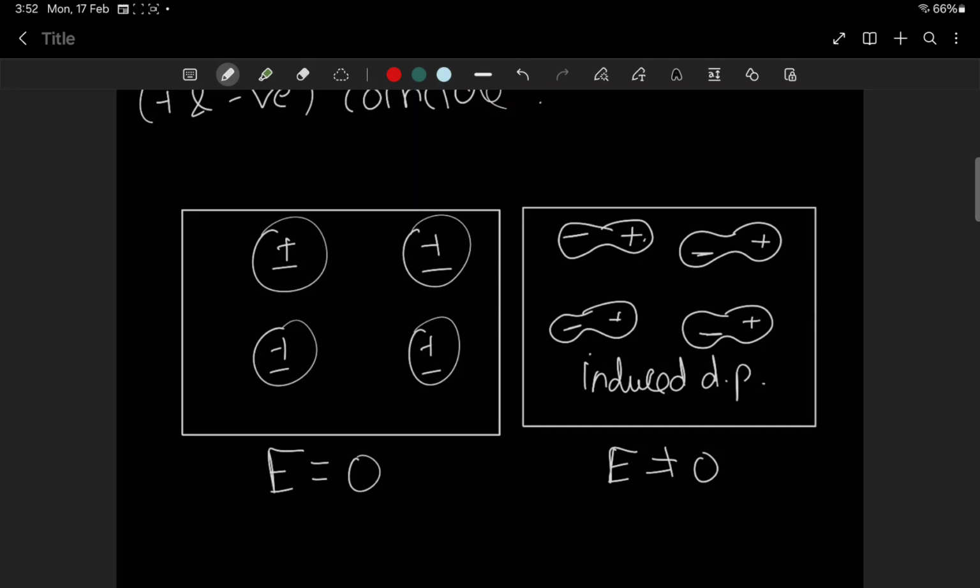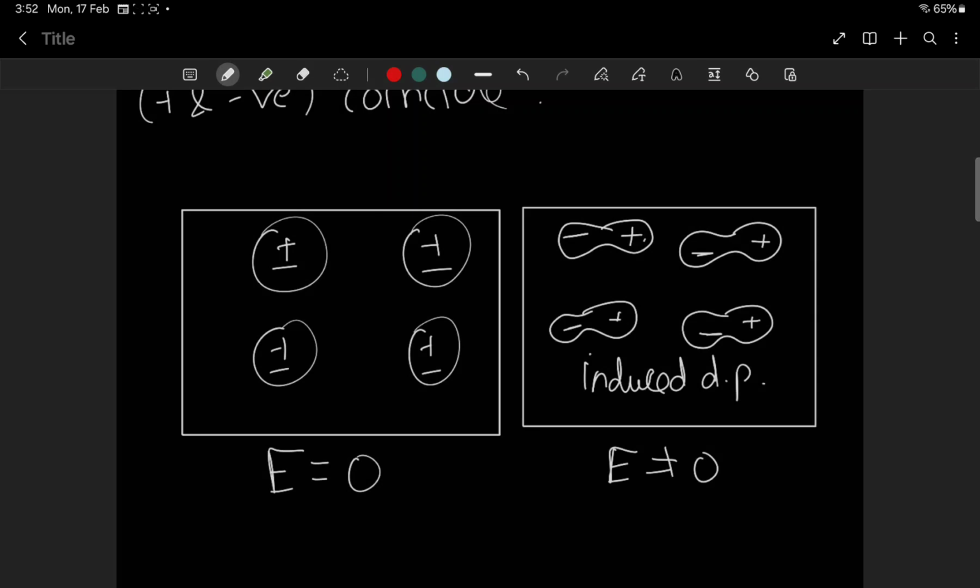Positive and negative together means neutral. When I keep it in an external electric field, the positive and negative centers split, and hence it got polarized. This is how we explain dielectrics. If it is a polar dielectric, at the start also there was a small separation, but when we keep it in an external electric field they get properly separated and get a proper dipole moment.